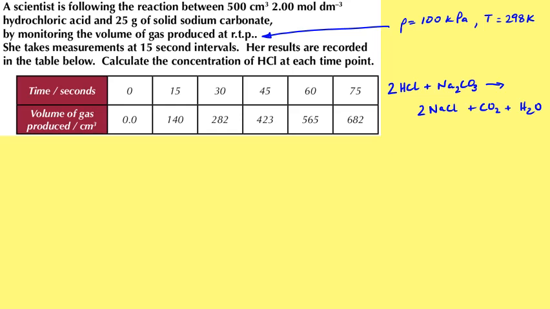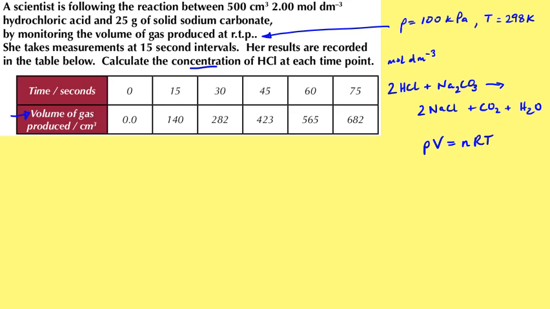So let's just plan out what we're going to do. What you see is that we've got volume, but actually what we want is concentration, and our units for concentration of course are moles per dm cubed. So we're going to need to go from volume to moles, so that we can find our concentration, and that should set off the ideal gas equation in your mind. And let's just try and remember that our ideal gas equation is PV equals nRT.